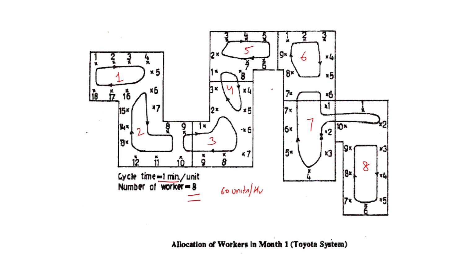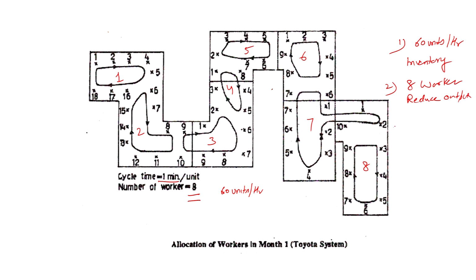Suppose there is a reduction in the requirement from the customer. In the market the demand has reduced and then we are having options. One is to keep on producing 60 units per hour and build up the inventory. Second option is to use 8 workers and reduce the output.